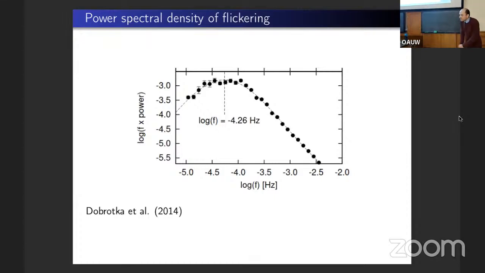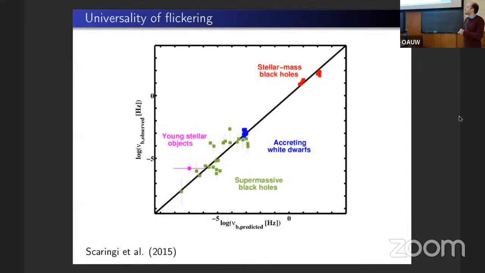This break frequency was actually studied in detail, and there is an empirical prescription telling us where it should be. Here is a plot where the y-axis is the actual observed break frequency from real observations, and the x-axis is the predicted one. So how do we predict that?